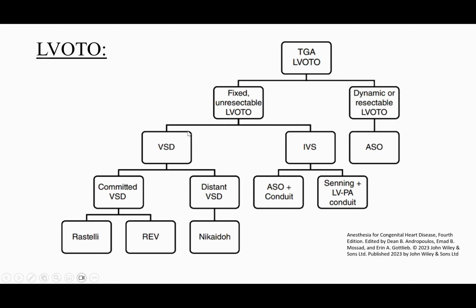We'll talk about this later. If there is a VSD, if the VSD is distant, we do a Nikaidoh, which is a root switch, or if it is committed to the aorta, we do a Rastelli or REV operation. We'll talk about all these in detail later.